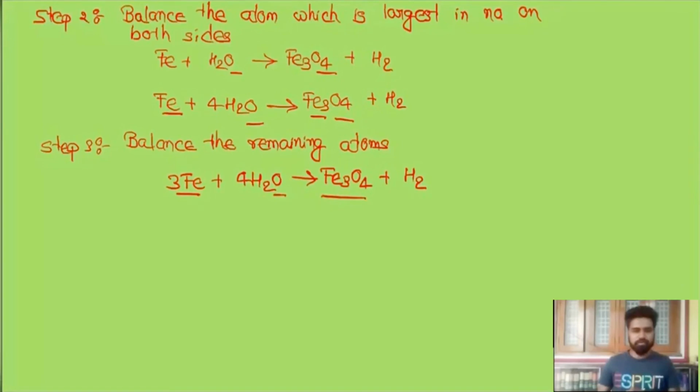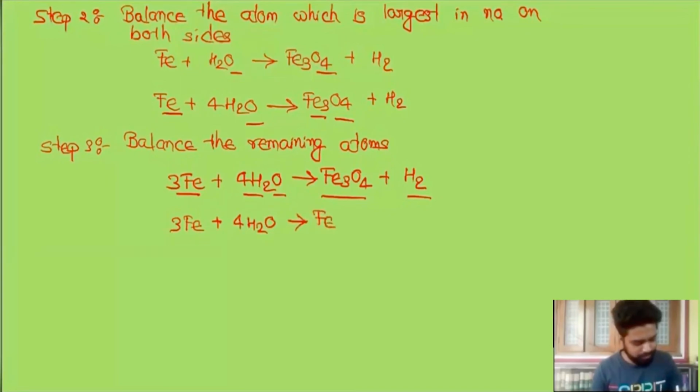Let us have a look at the hydrogen atoms. There are 8 hydrogen atoms on the left hand side of the chemical equation and only 2 hydrogen atoms on the right hand side. So to balance the hydrogen atoms, we will multiply H2 by 4, which makes the equation Fe3O4 plus 4H2.